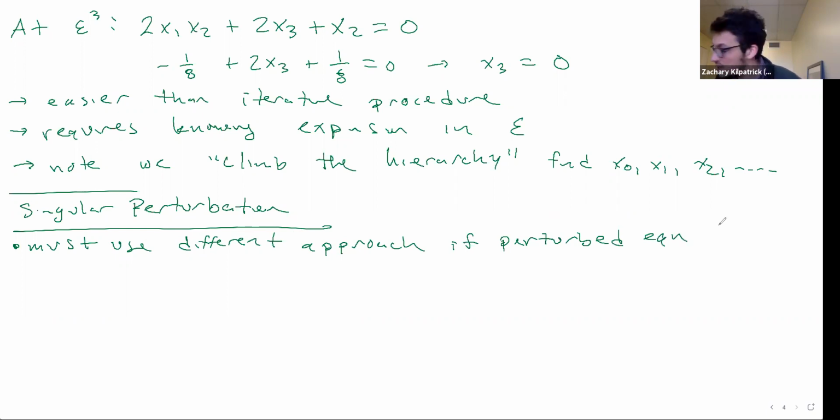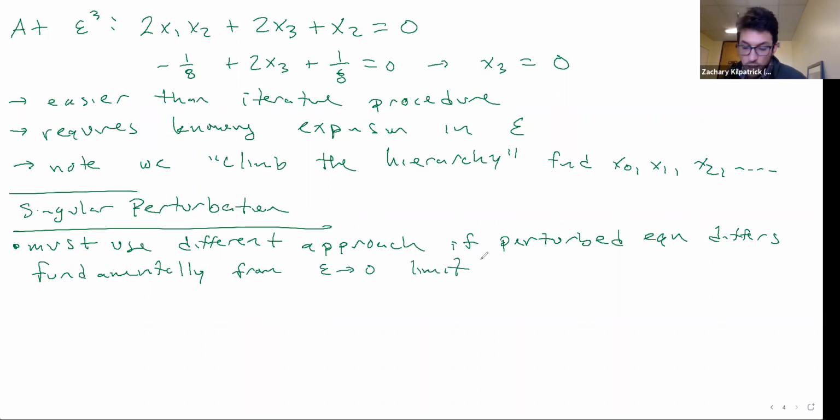Maybe something is 0 that really changes the nature of a particular problem, okay? And the idea is that we must use a different approach if the perturbed equation differs fundamentally from the epsilon goes to 0 limit, okay?